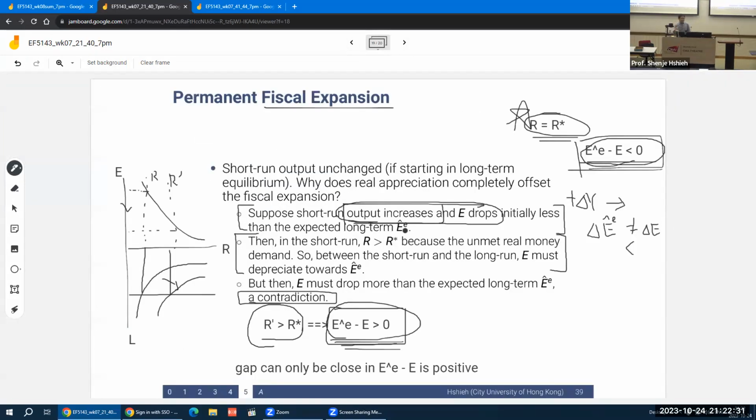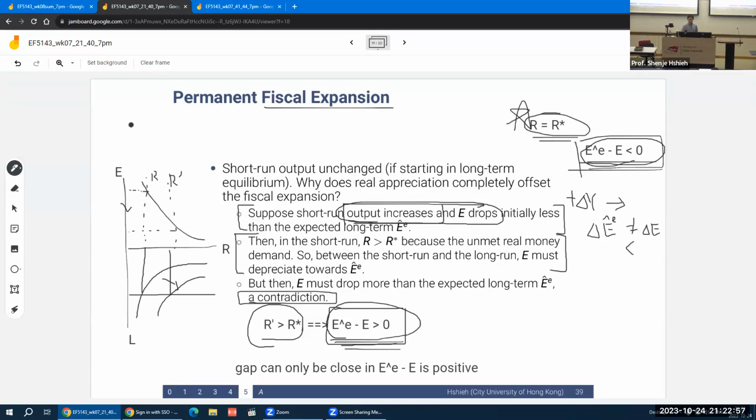E hat E minus E must be negative because the E value didn't decrease as much as the E hat E value. So E hat E, a small number minus a big number, is going to give you a negative number, at least some negative number. Cool. So we have an output plus a negative difference between E hat E and E under this special case.